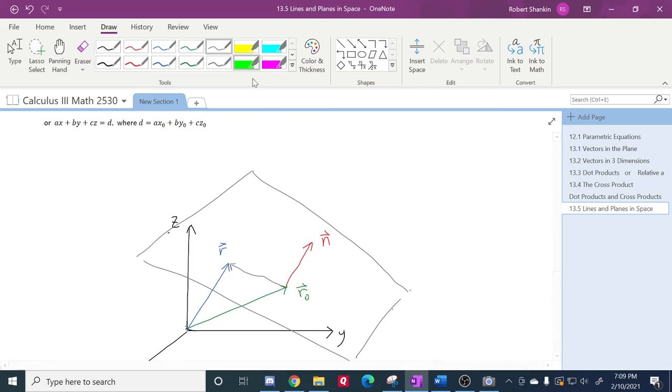Now, this r, remember, it goes from the tip of r0 to the tip of r. Take the destination minus the source. This is r minus r0.